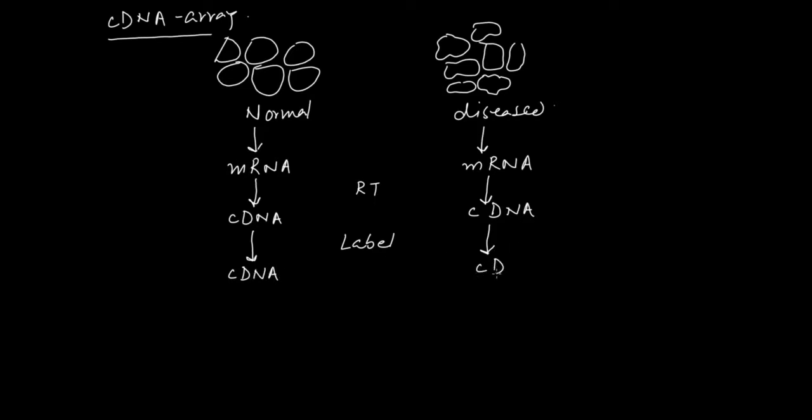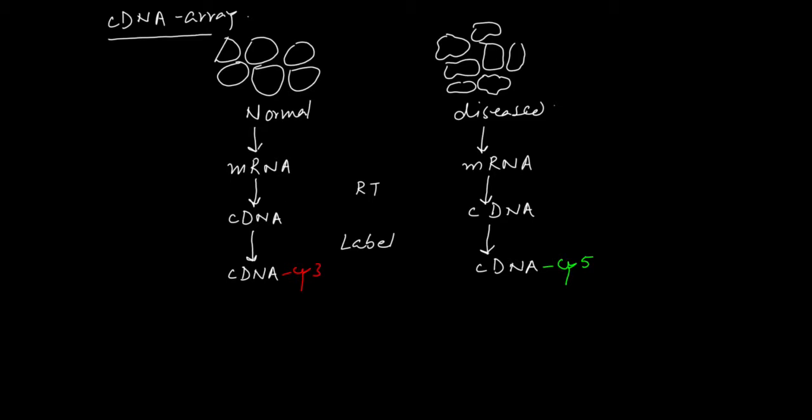So in this case, let us say I have Cy3 here, which is of red color, and we have Cy5, which is of green color. These are the names of certain fluorescent dyes. Now we have differently labeled control and disease cDNA.